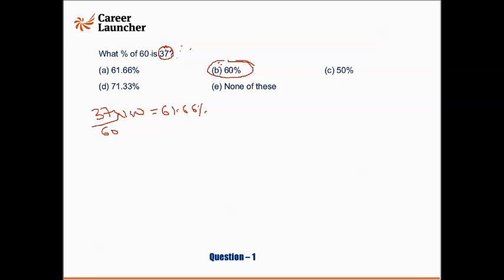So we can exclude option C. And 71.3% will be much higher, so we can easily remove that option. So the remaining option is A, 61.6%. In this way also you can calculate your answer. I always suggest you check through the options first, and then try to solve through the conventional method.